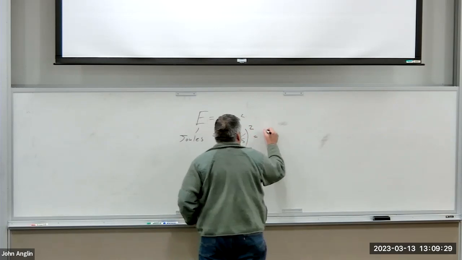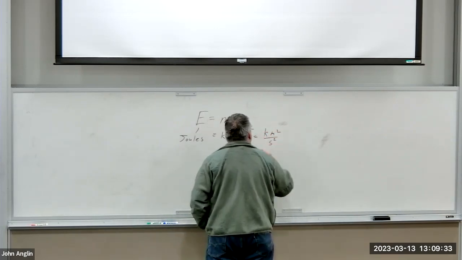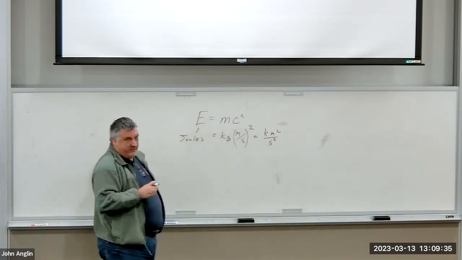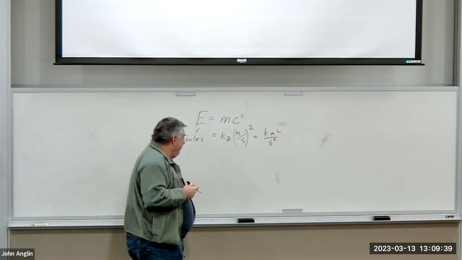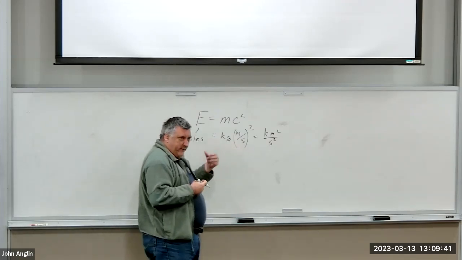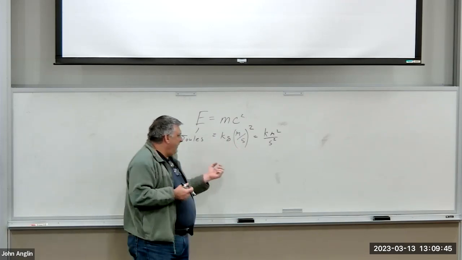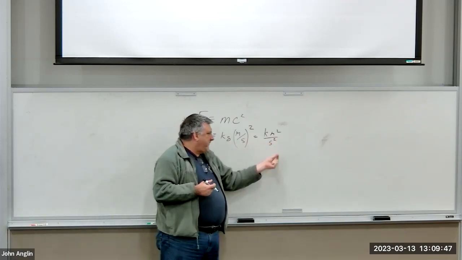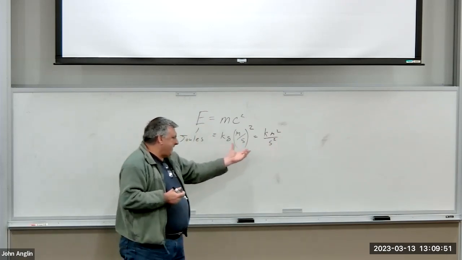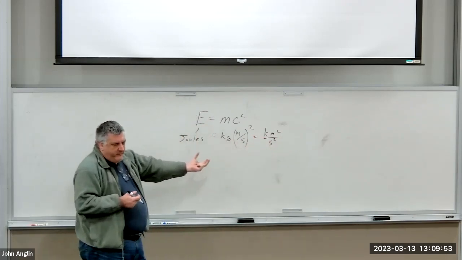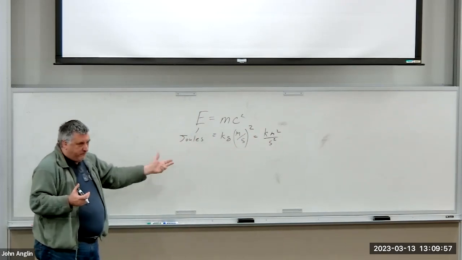So this works out to be something that looks like kilogram meter squared over second squared, which is not a Newton. If we had just done kilogram meter per second squared, that would be a Newton. That's a unit of force. This is a unit of energy. So we get this kilogram meter squared per second squared. That's a big weird unit. So much like Newtons, we just come up with a new name for it. It's called the joule.